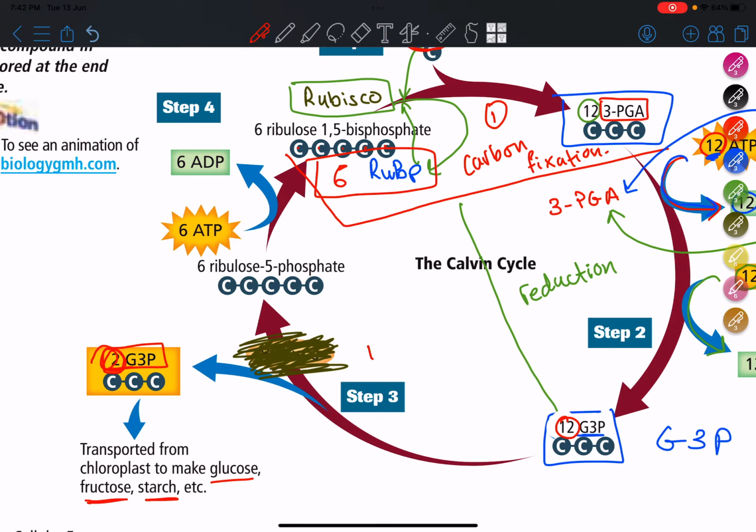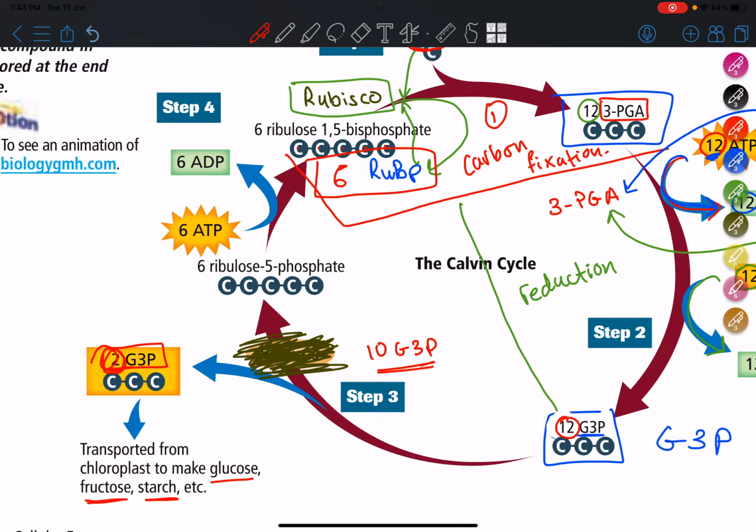Now I am left with 10 G3P in the cycle. These 10 G3P will be used to create RuBP. How? In the final step, the energy stored in ATP converts the 5 carbon molecules to 6 molecules of ribulose 1,5-bisphosphate.